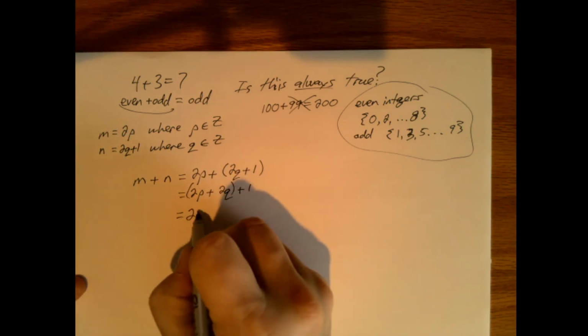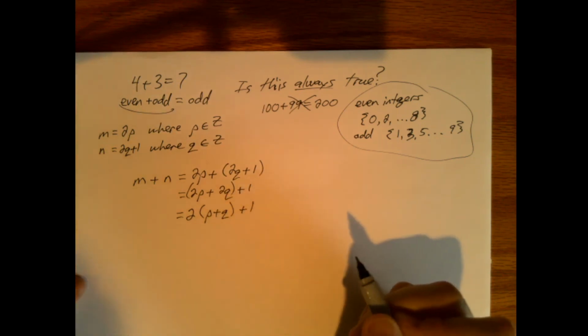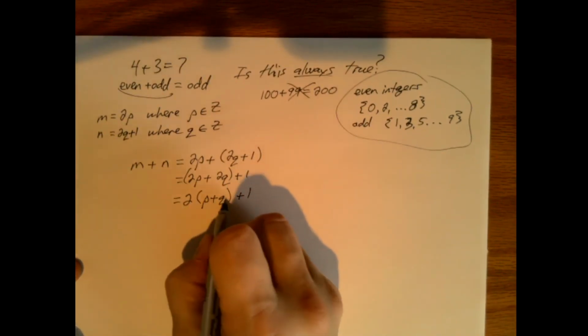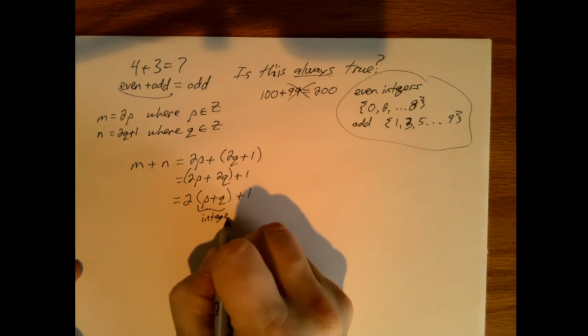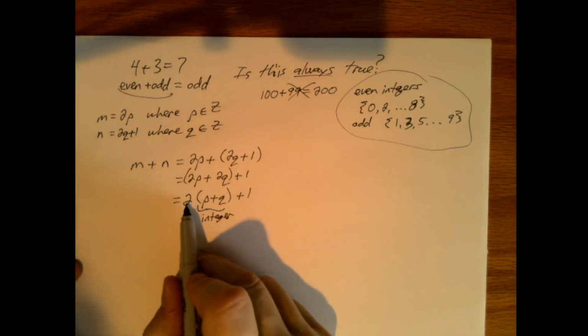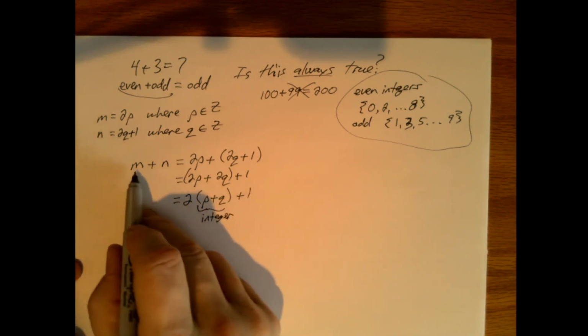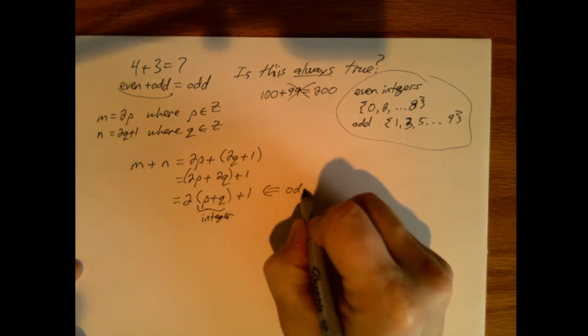So I can factor out the 2 and get 2 times the quantity P plus Q, plus 1. Now remember earlier we said that an integer plus an integer is an integer. And so what do I have here? 2 times any integer plus 1 is what I get when I add M to N. That's an odd integer.